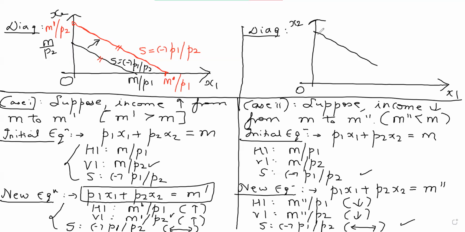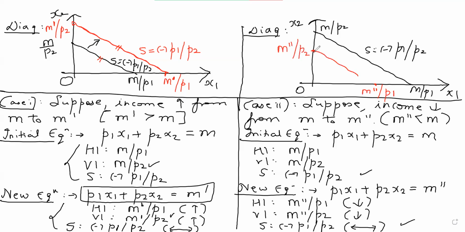So this was my initial budget line. Horizontal intercept M by P1, vertical intercept M by P2. Slope was minus P1 by P2. What has happened now? Horizontal intercept has now become M double dash by P1. Vertical intercept has now become M double dash by P2.